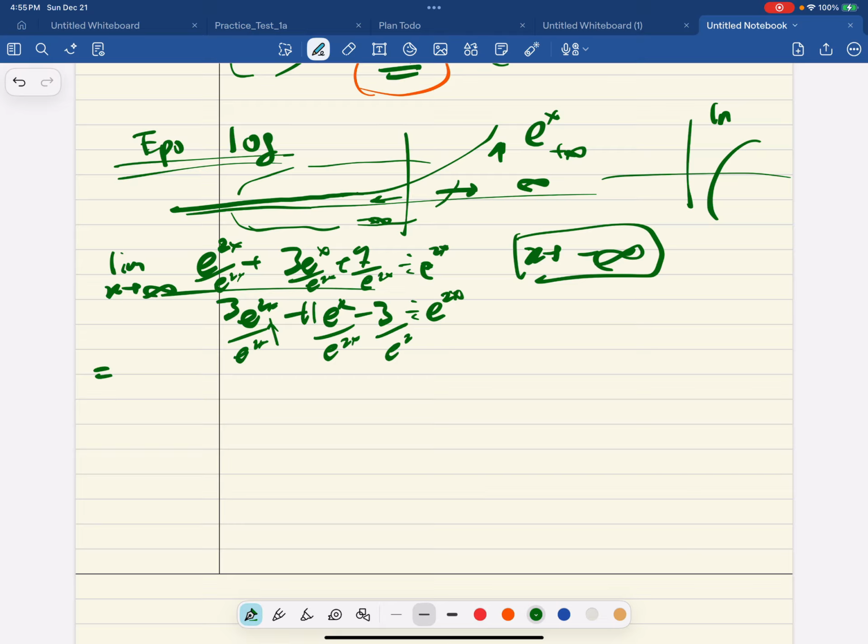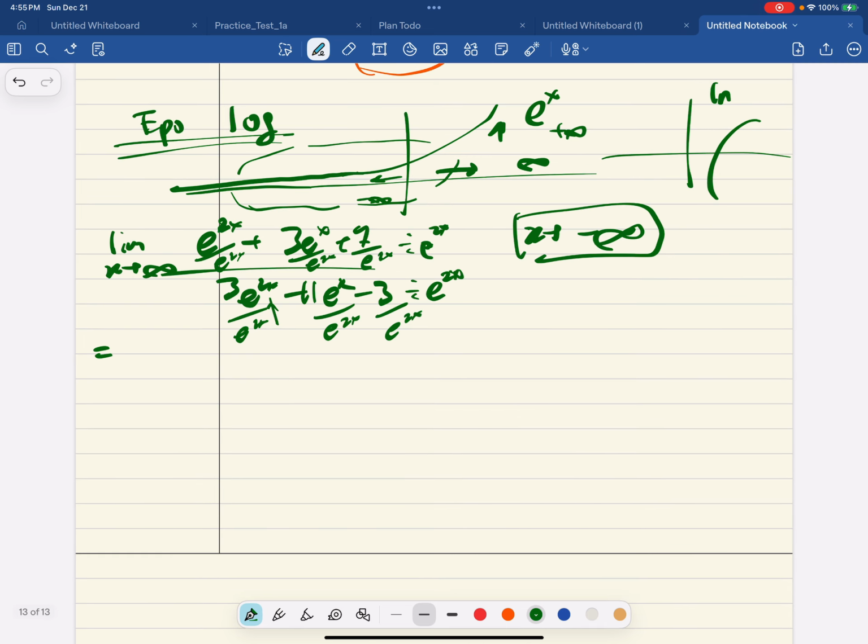Same principle as when x was approaching infinity for x to the 2, x to the 3, whatever was the biggest on the bottom, you divide both bottom and top by that. So then, same principle. This cancels out but leaves a 1. These two don't cancel out, they just turn into a 0, because e to the x when x is infinity is very, very huge.